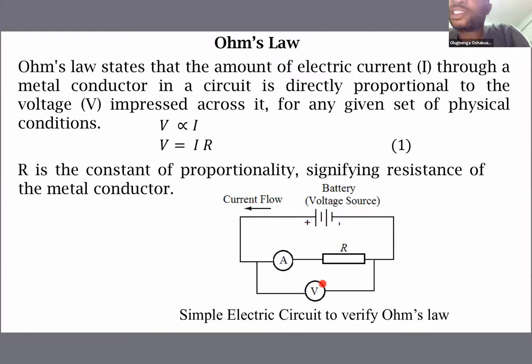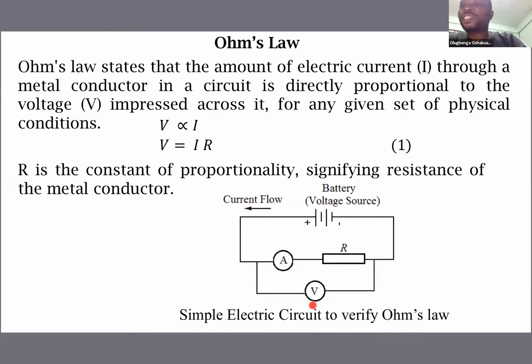As you've learned in secondary school, an ammeter is used to measure current flow, while a voltmeter is used to measure the potential difference across a particular component, or the voltage across a terminal or EMF of a battery and the likes. So in short, ammeter measures current, voltmeter measures voltage.